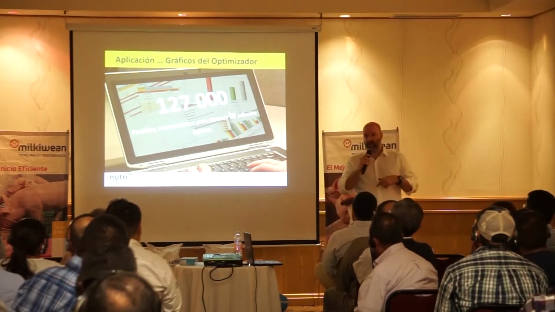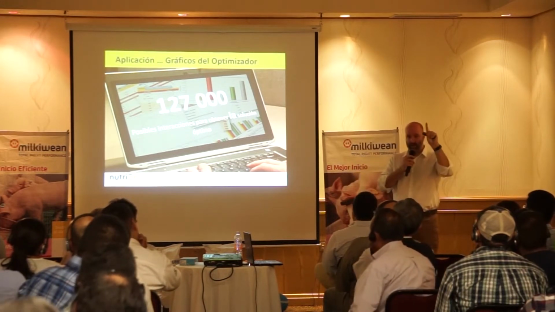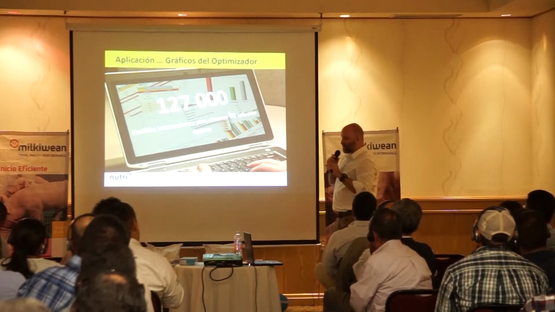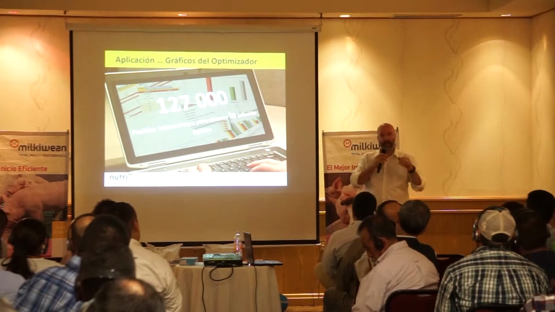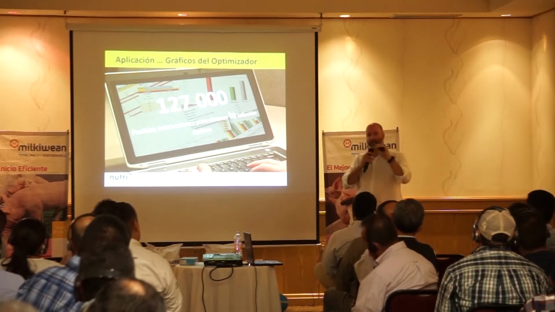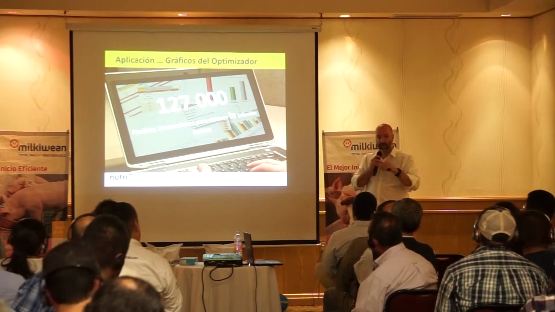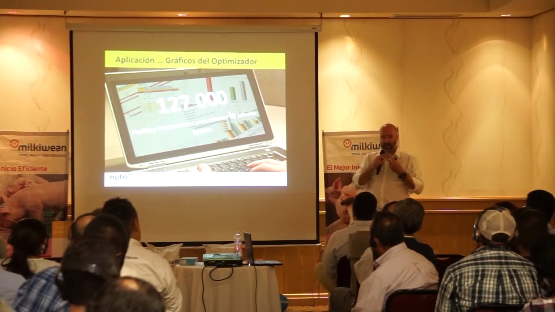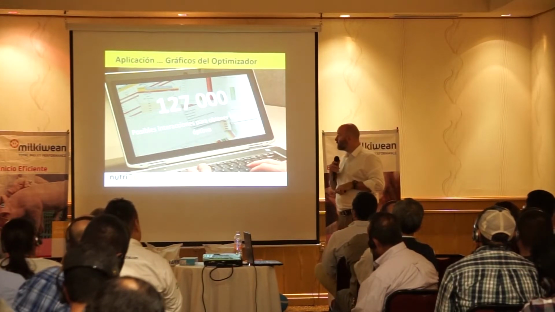And so it goes through, generates 127,000 different answers to find you the one best answer for your farm. So it has a lot of power to make a decision, to find what's going to work best for you, based on exactly what it is that you want to achieve. Do you want a biological result? Do you want a financial result? It doesn't matter. It will find that answer for you.